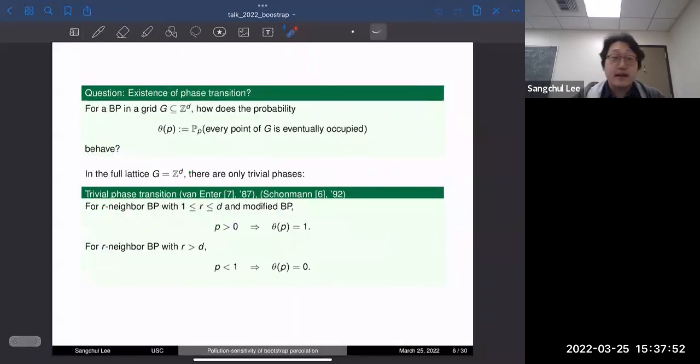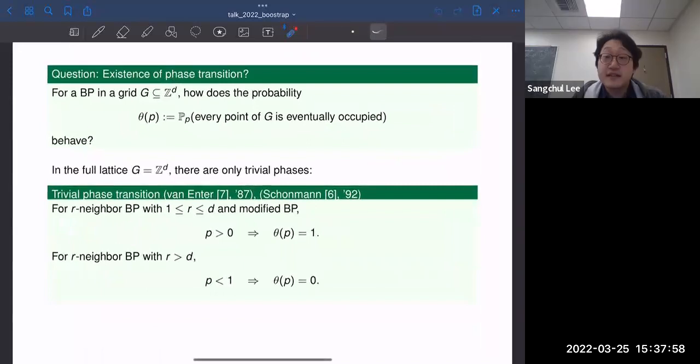In this model, what questions can be asked? Because it is a percolation model, one obvious question is whether there exists a certain phase transition, which is one of the prominent features of many percolation models. Let's formulate the question.